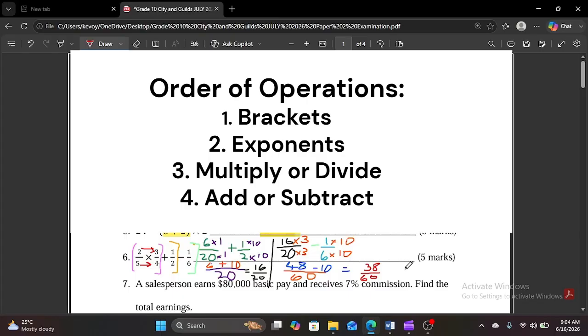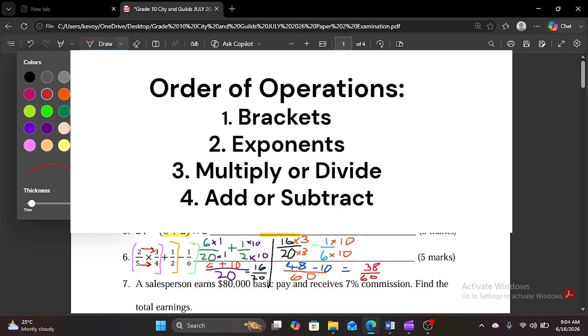But if you want to simplify your answer, I'm just going to divide both the number at the top and bottom by 2.